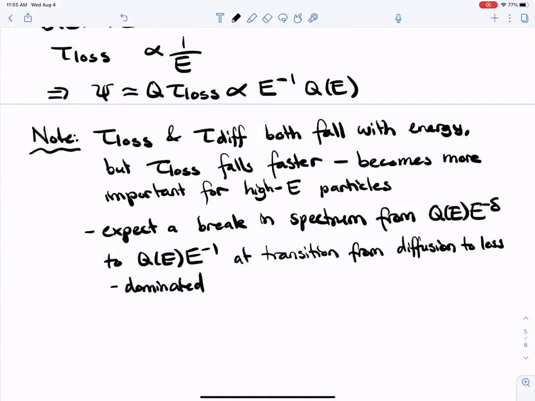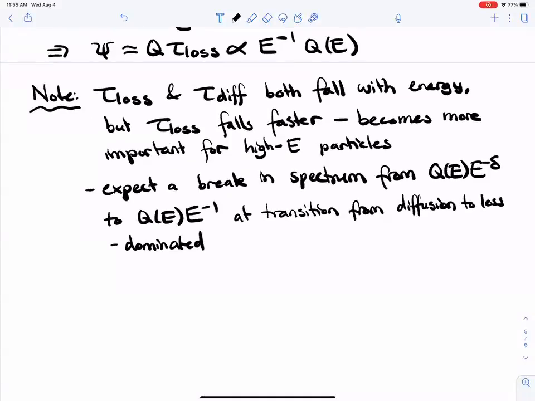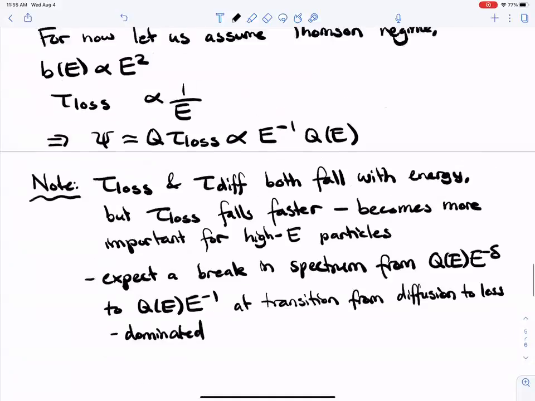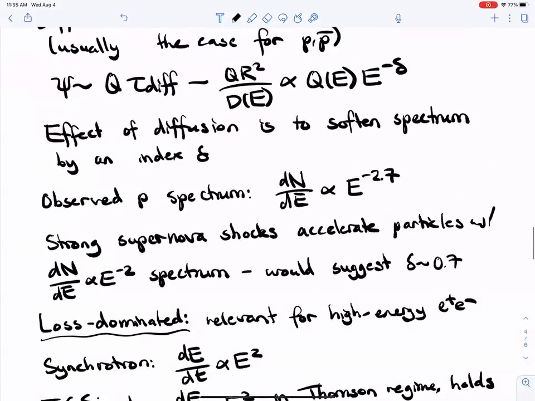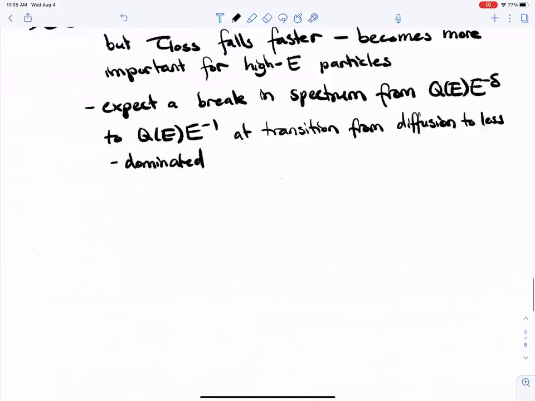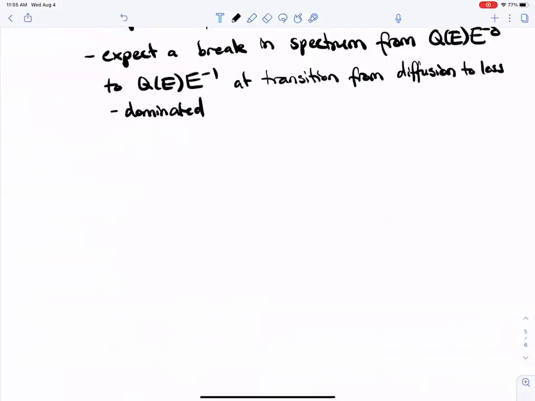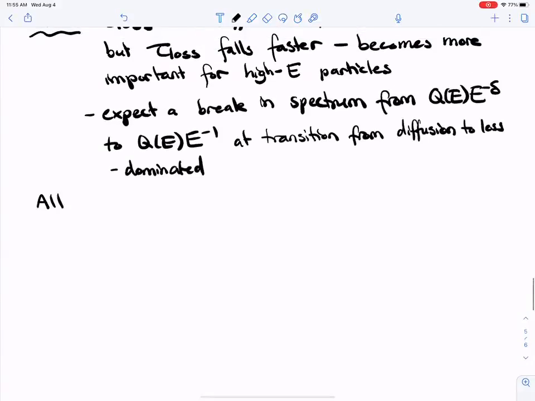Let me just do one other example where, instead of injecting a power law energy spectrum, which is what we assume to get this V of E over E approximation, suppose that instead I just inject some particles at a fixed energy, so like a delta function energy injection.